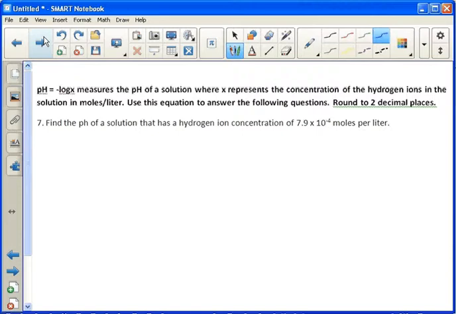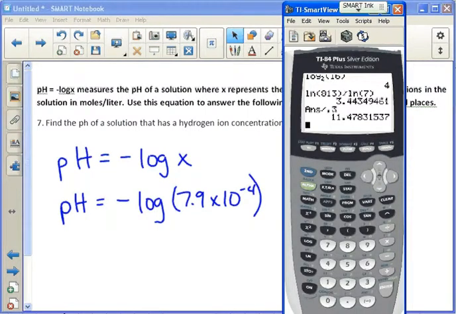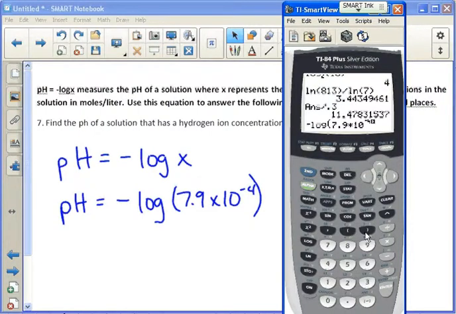So we know pH is equal to negative log of x, and we're told here that our x is 7.9 times 10 to the negative 4. So let's go to our calculator. Negative log, this is the common log, not the natural log, 7.9 times 10 raised to the negative 4. So you plug it in just the way it is, and we get a pH of 3.10.